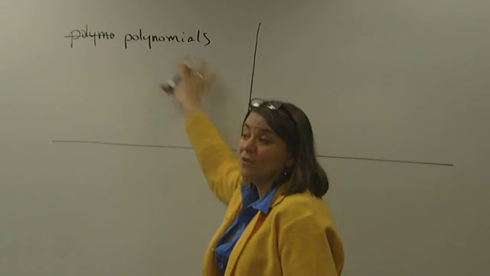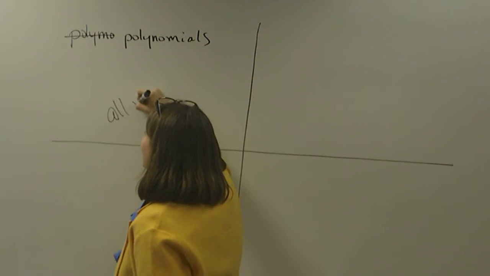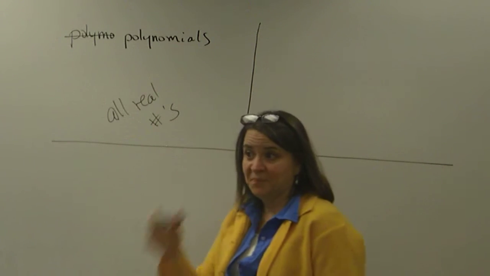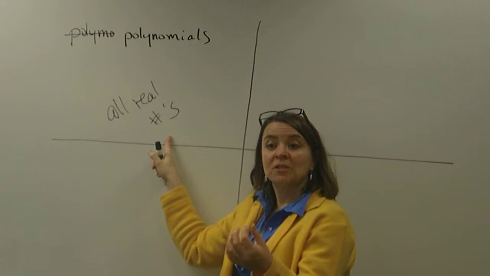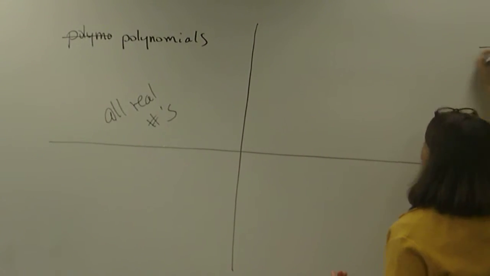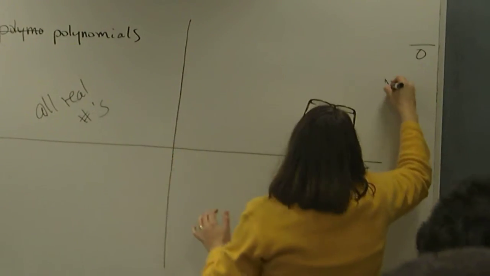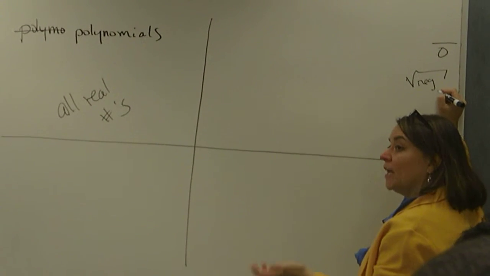There's several categories of functions whose domain is all real numbers. Their domain can be all real numbers because there's no division by 0. Right, that would be bad. Division by 0 is bad. They don't have any radicals in them. So you're not taking square root of a negative number.